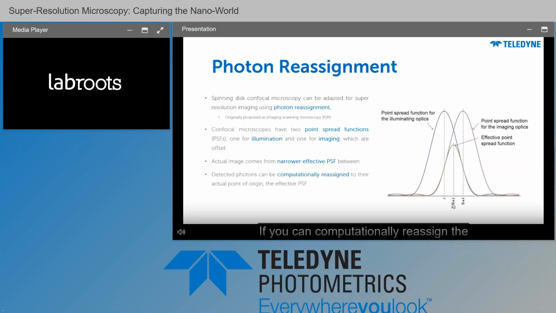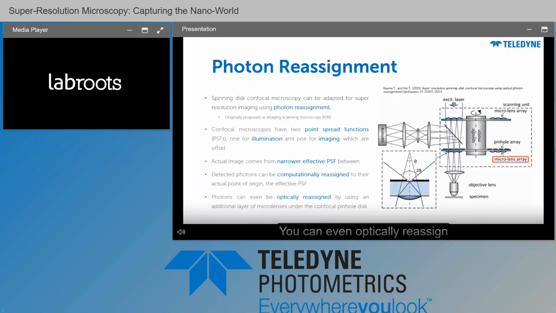If you can computationally reassign the detected photons to their actual point of origin, which is the effective PSF, you can get an increase in spatial resolution. You can even optically reassign the photons by using an additional layer of microlenses underneath the confocal pinhole disk, the one outlined in red here.